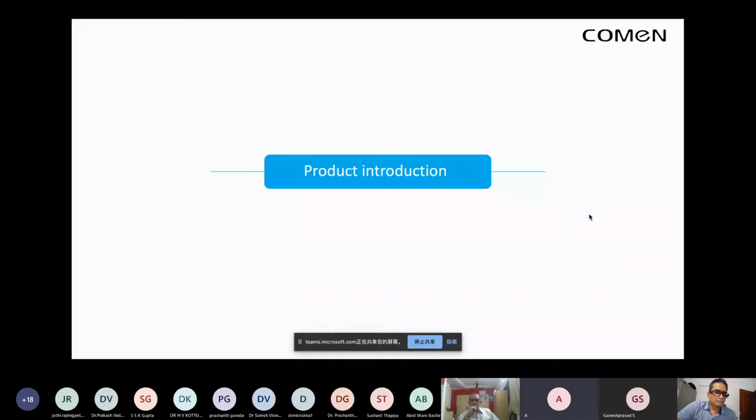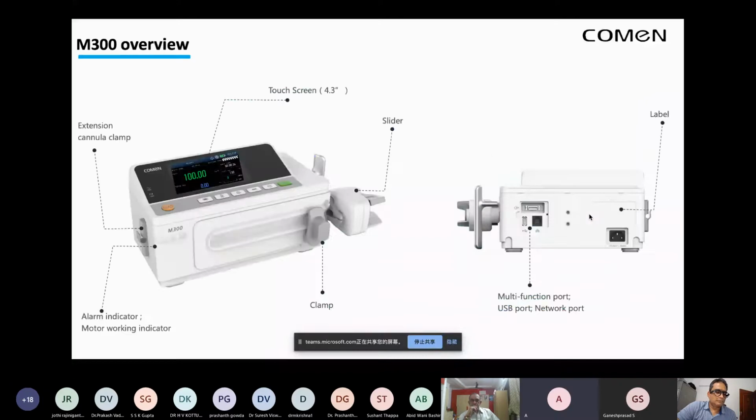For the product introduction, let's have a view of this product. Firstly, the overview. It is a 4.3 touch screen. 4.3 is a normal screen size, but for a syringe pump it is a big screen.